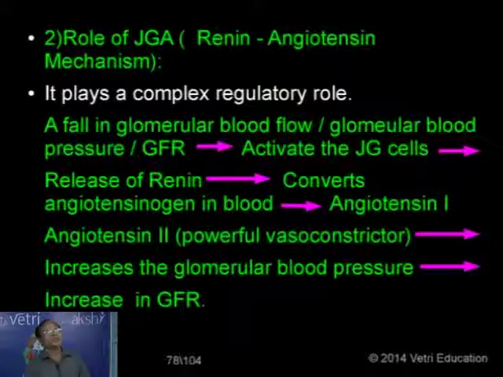When the blood pressure increases, the cardiac output increases, the blood flow to the kidney increases, and ultimately the glomerular filtration rate also increases. Whenever we have more blood pressure, the output of urine also increases. This is because of the renin-angiotensin effect.